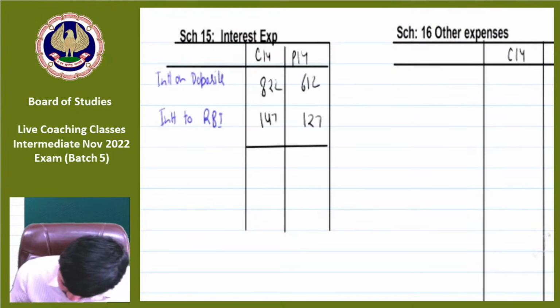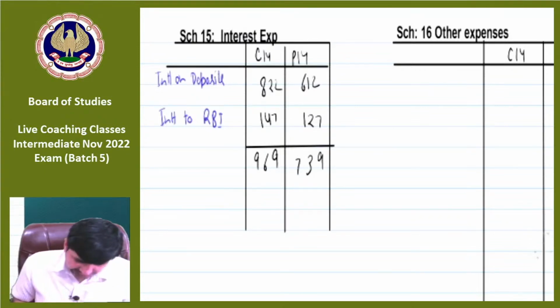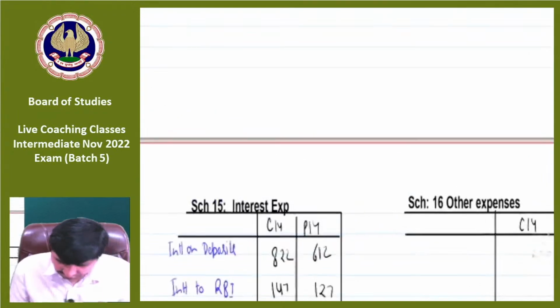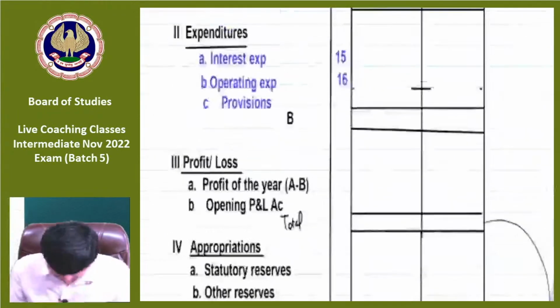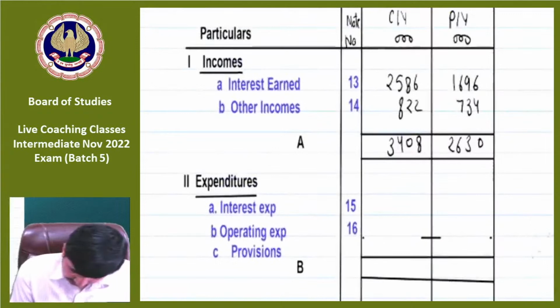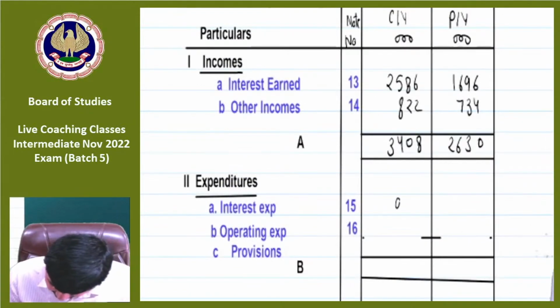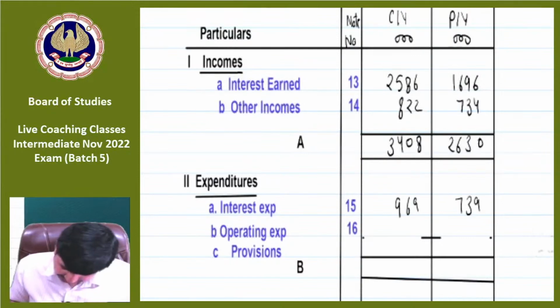What is the total amount? 7 and 2, 9, 82 and 4, 6, 8 and 1, 9, 2 and 7, 9, 2 and 1, 3, 6 and 1, 7, 969 and 739. This is the total amount of interest expense. Please do total and write it properly in a systematic way. Not even a single mark will be deducted if you do the presentation in the same way in which I am giving it to you.